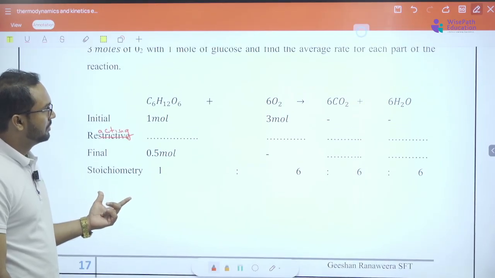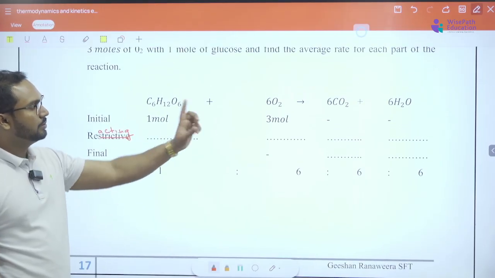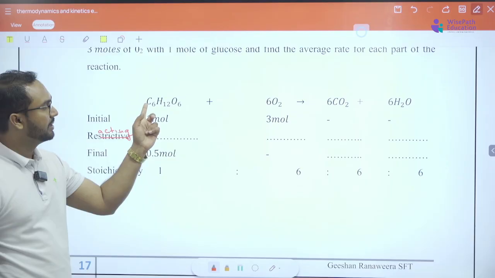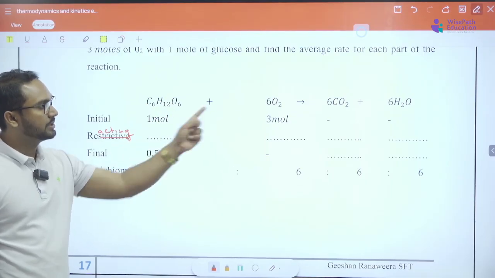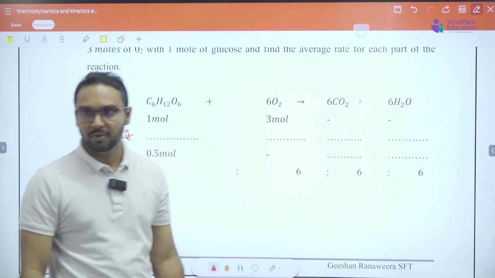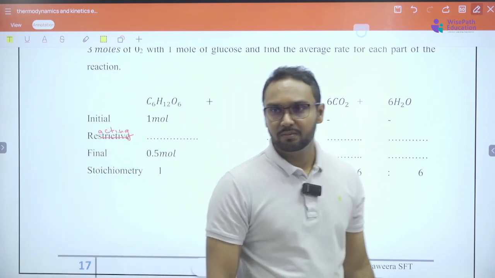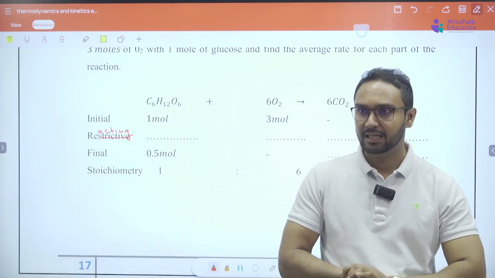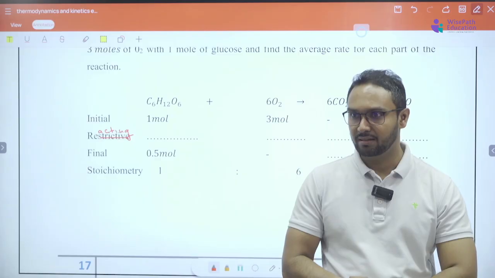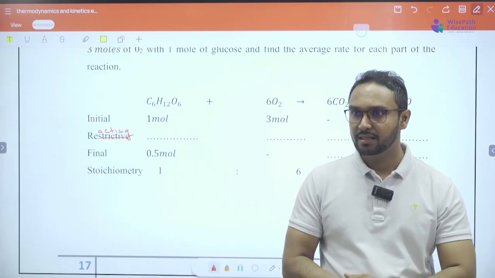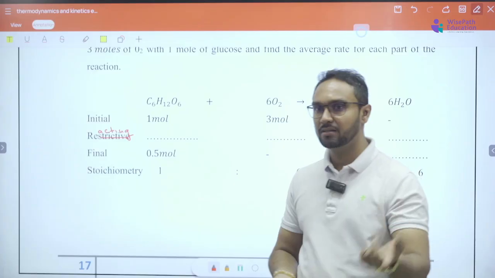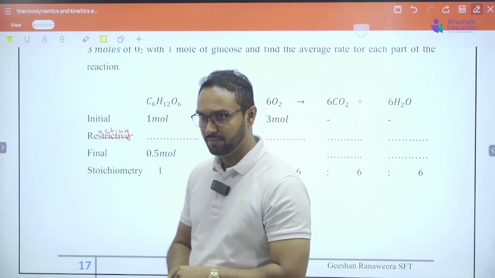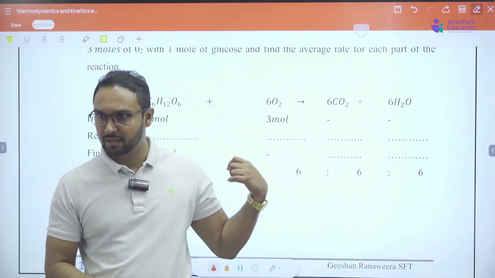So the stoichiometry is 1 to 6, but the amounts available are 1 mole of glucose and 3 moles of oxygen. So one is supposed to be limiting. Can you remember the limiting factor? If one is lacking to react with the complete amount of the other one, it becomes the limiting. You have to find it using the stoichiometry.